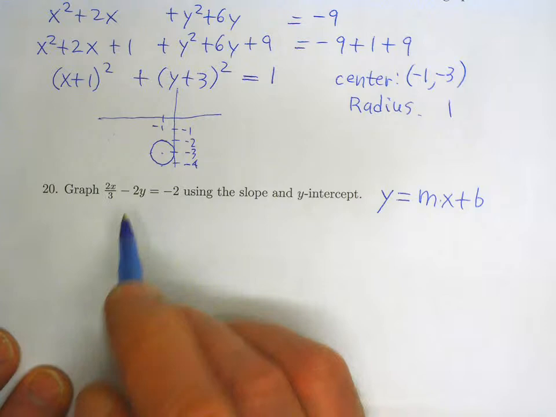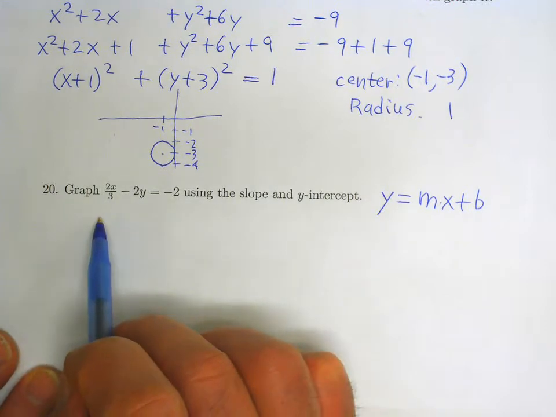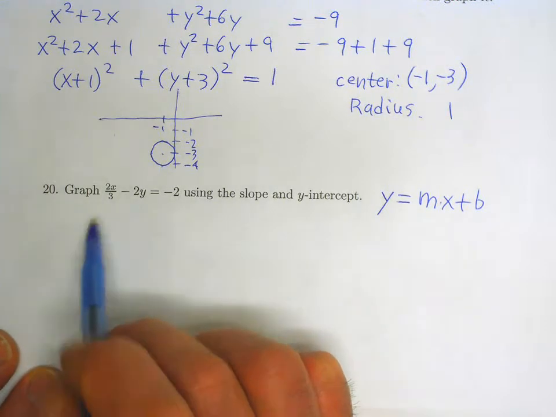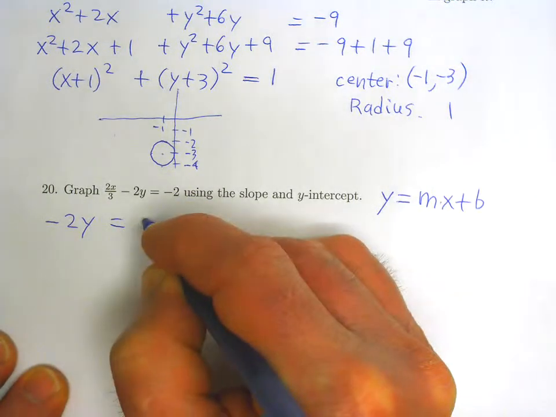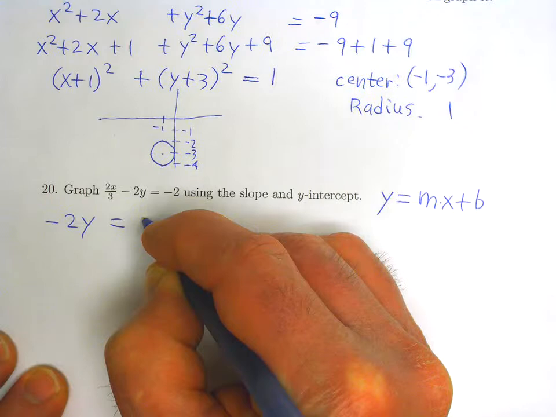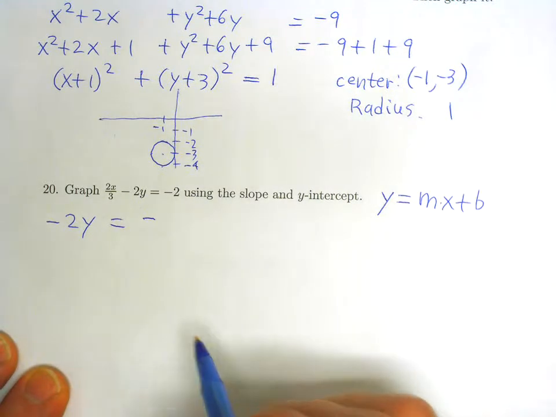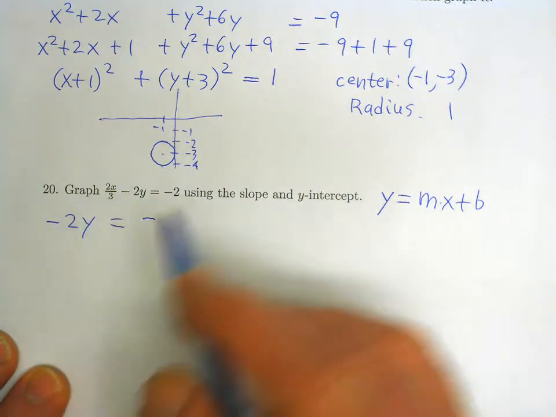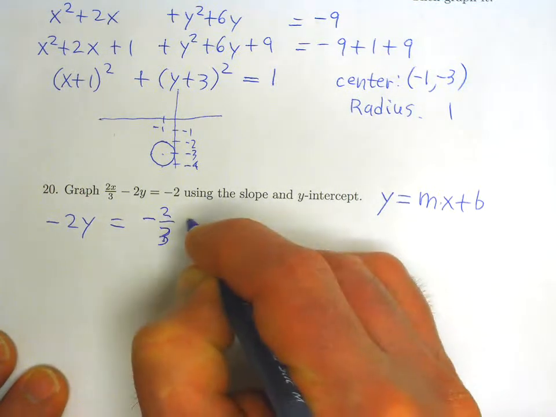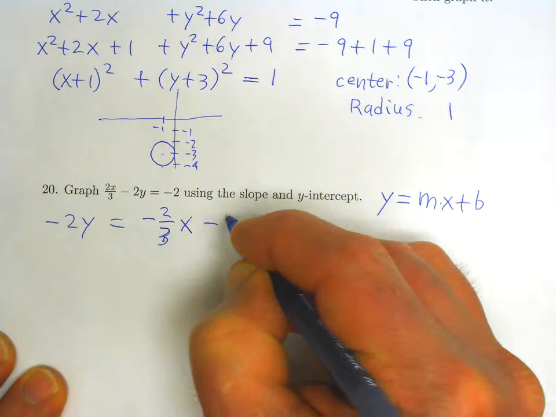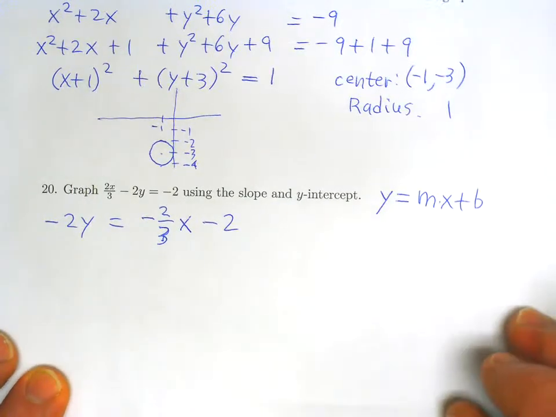We can start by subtracting 2x divided by 3 from both sides. So I get -2y equals -2x over 3. -2x over 3 is the same as -2/3 times x. And I already have a -2 on the right-hand side.